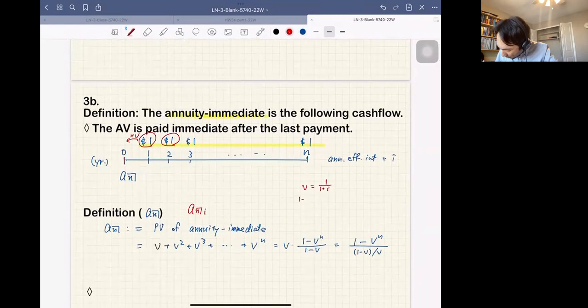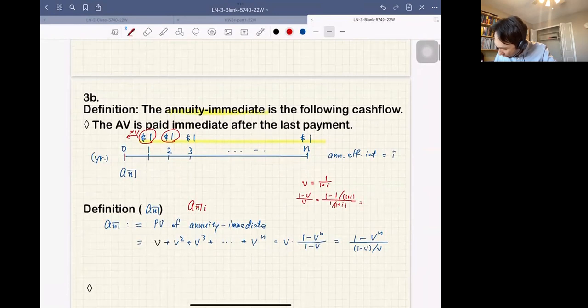So (1 minus v) over v is equal to 1 over 1 plus i here, and here 1 minus 1 over 1 plus i. So we multiply 1 plus i on both sides, then actually 1 plus i minus 1. So this is i. So this becomes i.